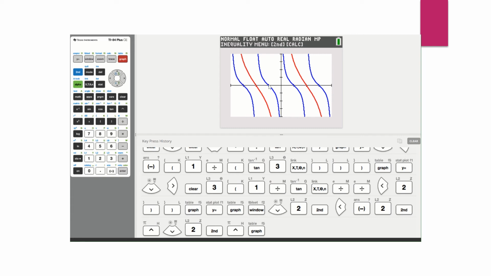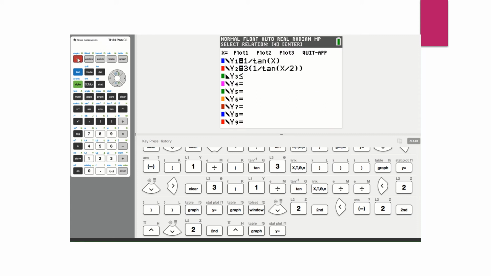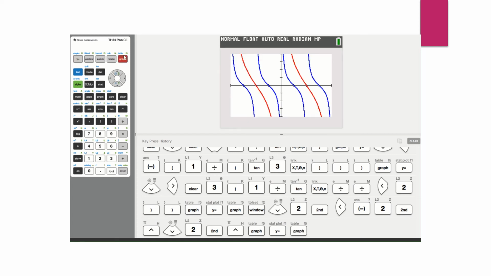I've still got a scale of pi over 2. So an asymptote right there, an asymptote right there. I'll go back in and look at my window setting again. 3 times the cotangent of x over 2. Okay, so there we go.